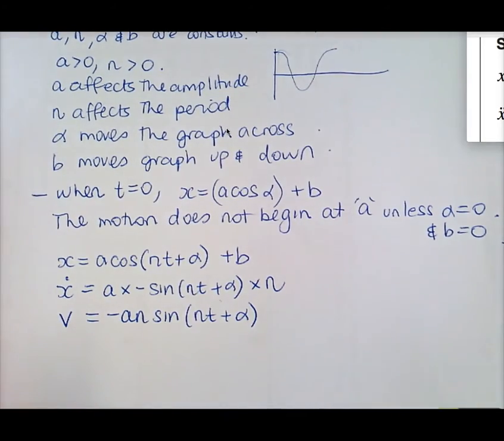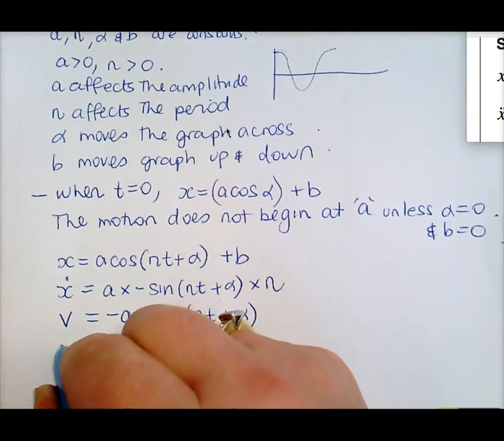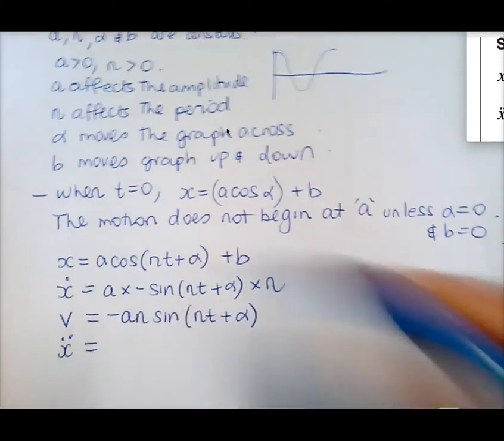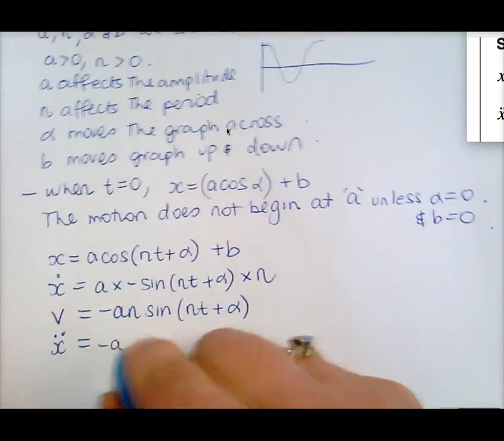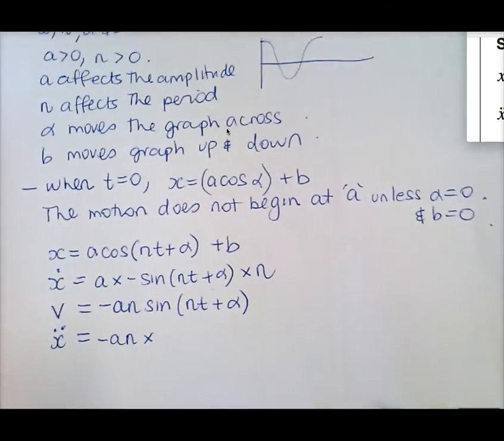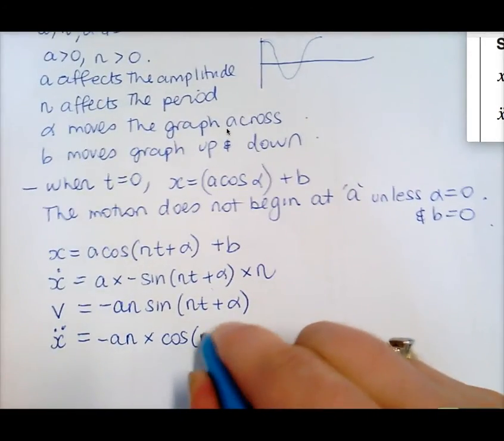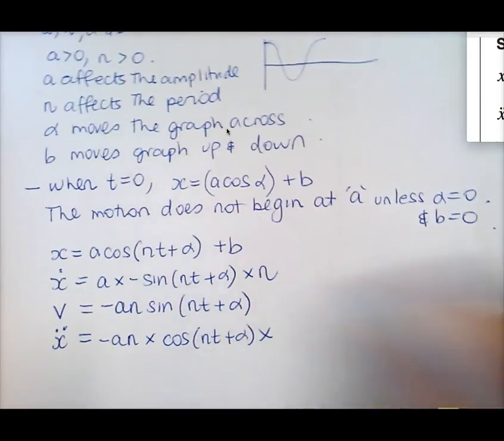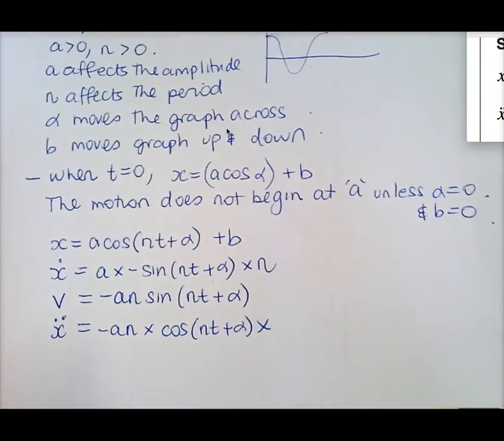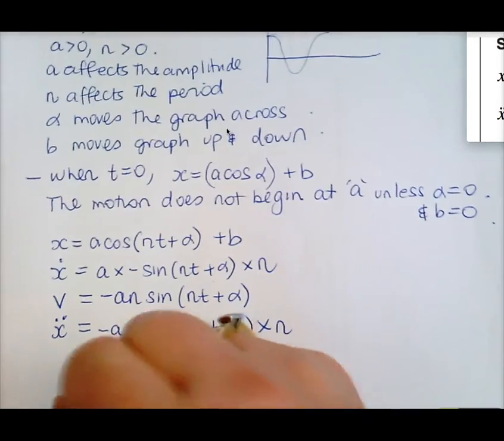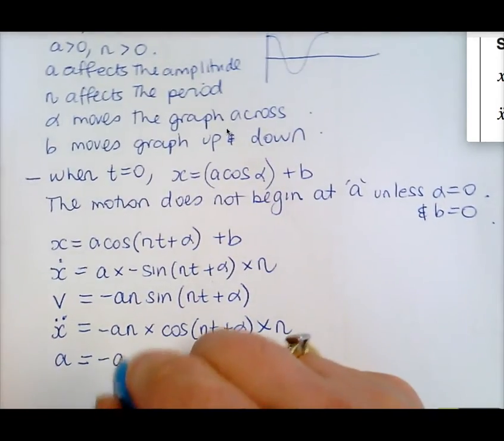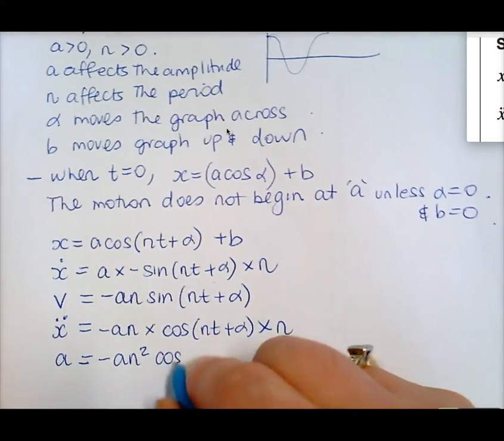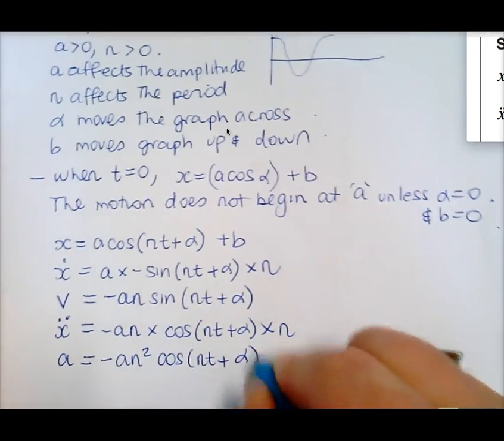And I'm going to quickly do what acceleration is. x double dot is negative an, differentiate sine, you get cos nt plus alpha, times what? n. So acceleration is negative an squared cos nt plus alpha.